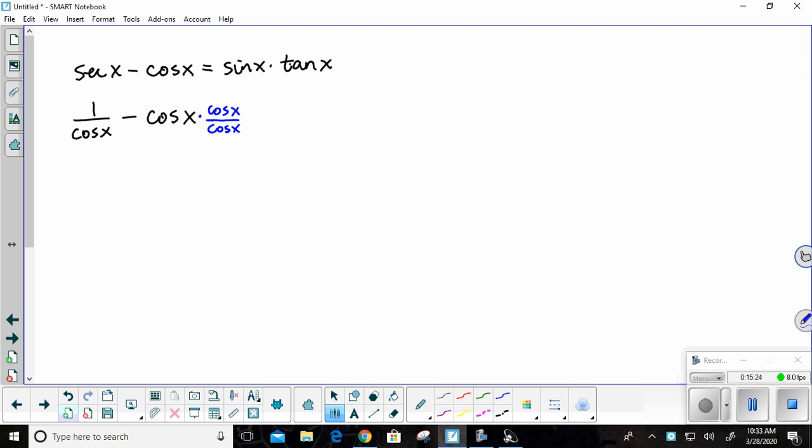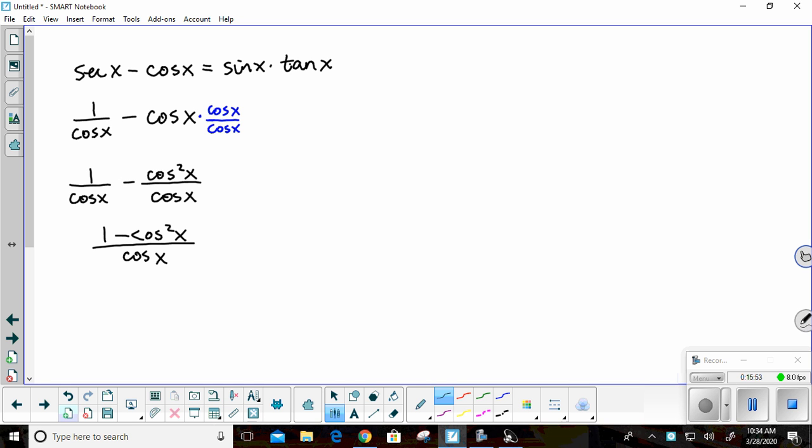So now I have 1 over cosine x minus cosine squared x over cosine x. Now that I've got common denominators, this is just 1 minus cosine squared x over cosine x. I'm not going to write that trig identity up again, but sine squared plus cosine squared equals 1 is the basic trig identity. So 1 minus cosine squared x is sine squared x.